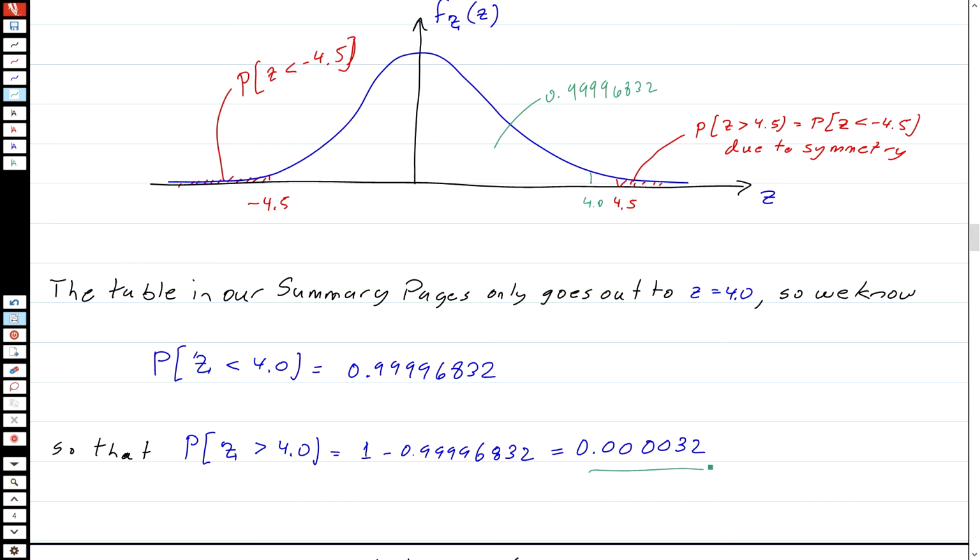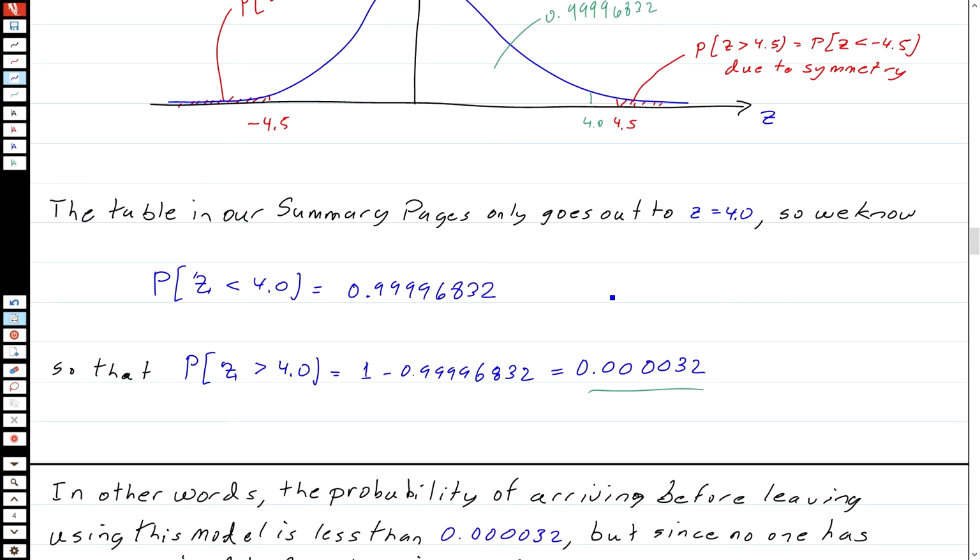Therefore the probability that Z is less than minus 4.5 is going to be less than 0.000032. So this model gives a very small probability of arriving before we leave.